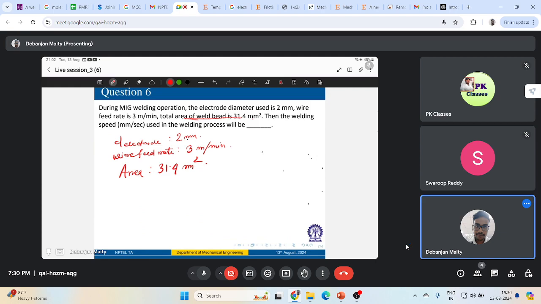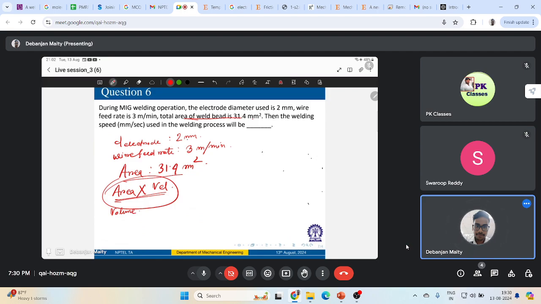So you know the area of the weld bead. So if I know the area of the weld bead and the welding velocity, this will give me which quantity? This is the volume, right?